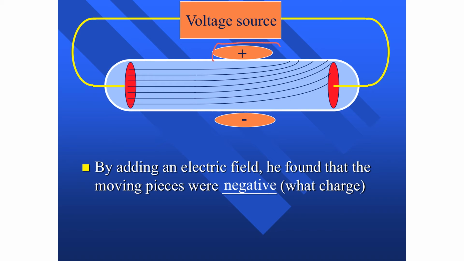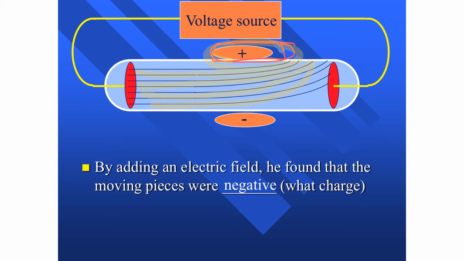He took a positively charged plate and saw, lo and behold, that these cathode rays began to bend towards the positive electrode.